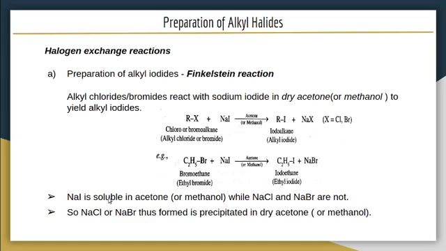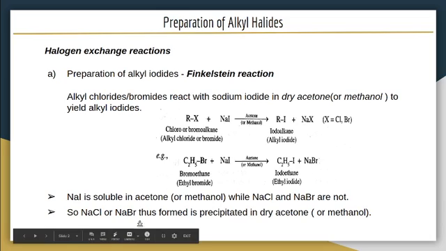and in this reaction sodium iodide is soluble in acetone or methanol. We are using acetone or methanol as solvent, so NaI is soluble in this solvent, while the products sodium bromide or sodium chloride are insoluble.